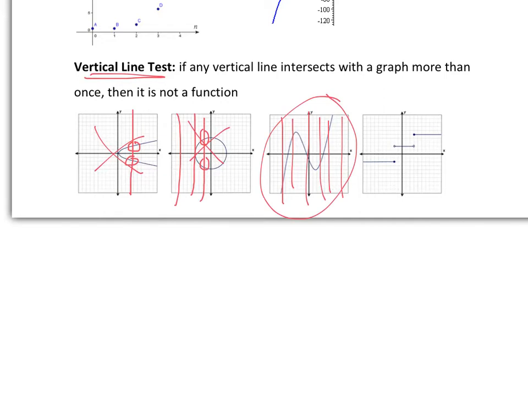This one's good, and the last one, you're good in all these spaces. The only ones that are close are this one right here and this one right here. But if you see, there are open circles on that middle one. Although there's a closed circle on top and on bottom, that open circle means it's only hitting it once. So this one is also a function.